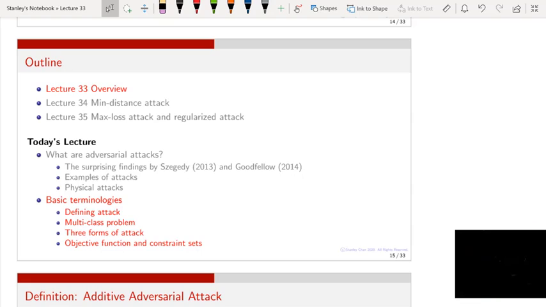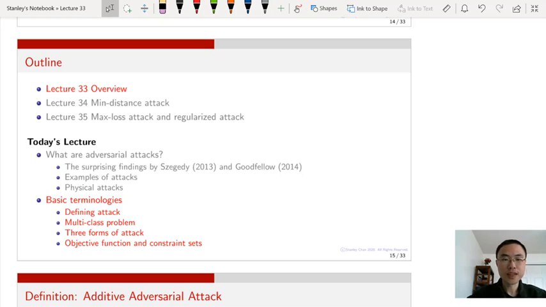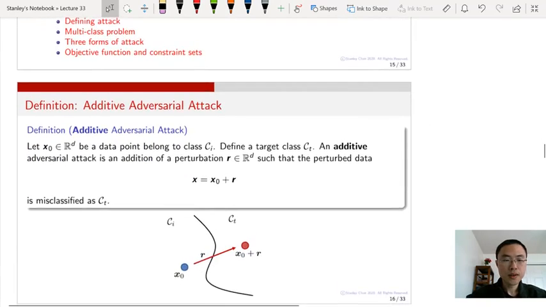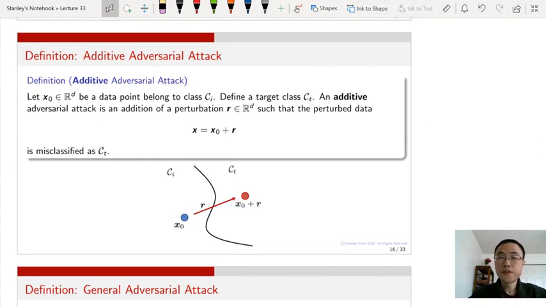So let's begin our discussion of what we mean by adversarial attack. To define adversarial attack, I'm going to first pick a data point, x0. I'm assuming that x0 is a d-dimensional data point that belongs to a certain class C_i, where i stands for the input class.